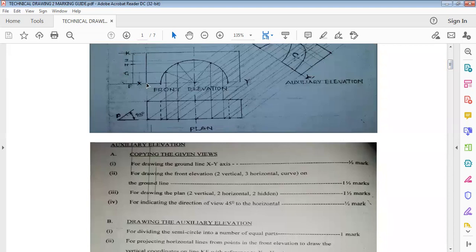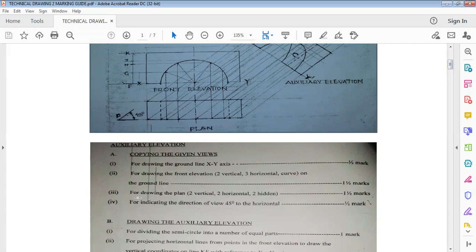So here we have a vertical line, and we also have a vertical line here. 3 horizontal lines. This is the first horizontal line, and this is the second horizontal line, and then the third horizontal line that we have here. Probably they mean this line, the third horizontal line.